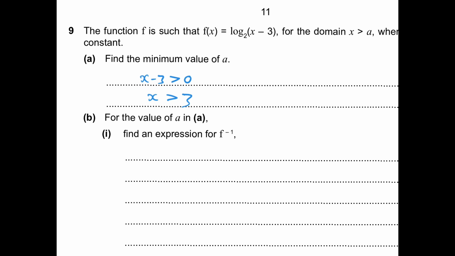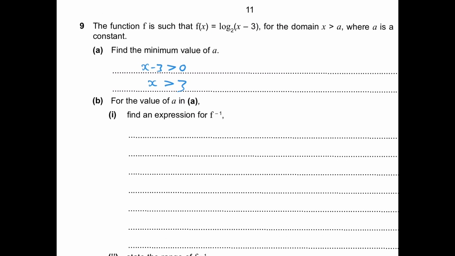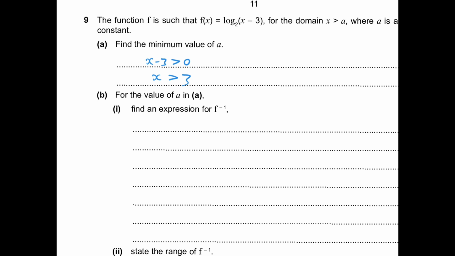for b, for the value of a in part A, find an expression for the inverse function of that. So what we are to do there is to get the inverse of that. Now remember that the inverse function of a log function is actually an exponential function.